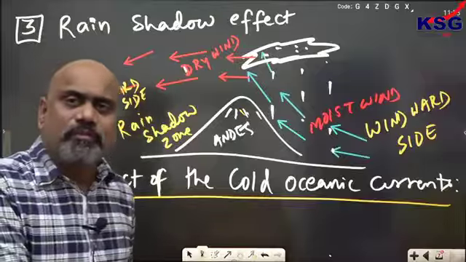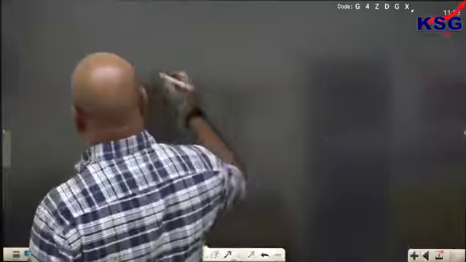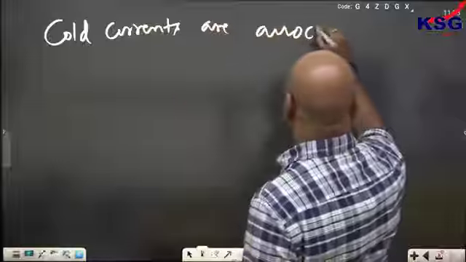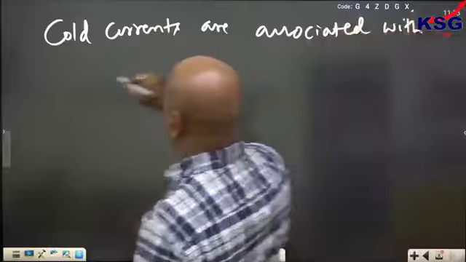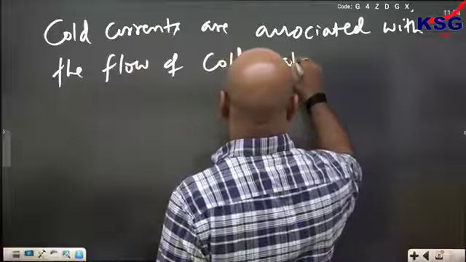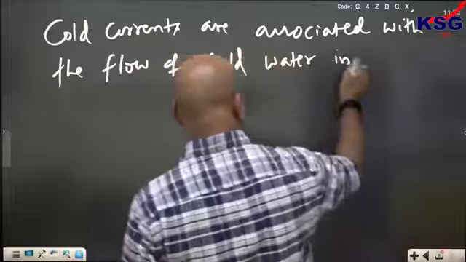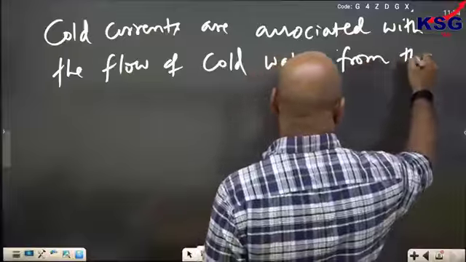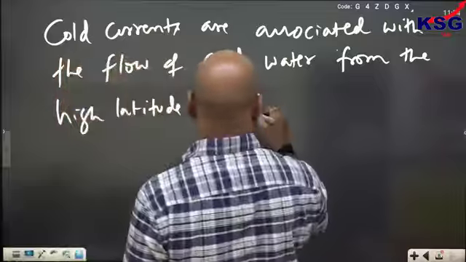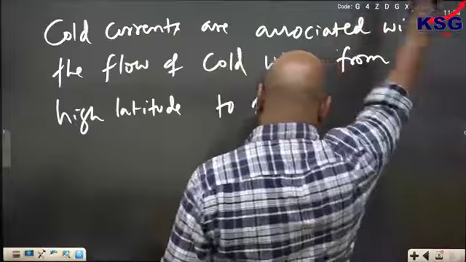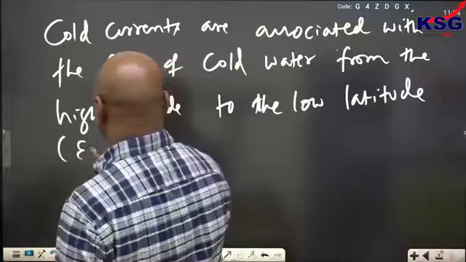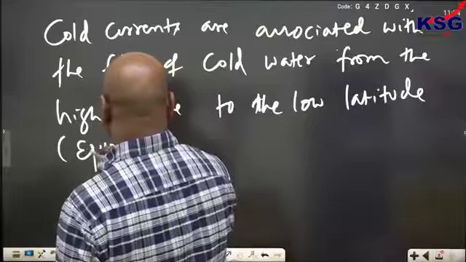Cold currents are associated with the flow of cold water from the high latitude to the low latitude region, that is the equatorial region.